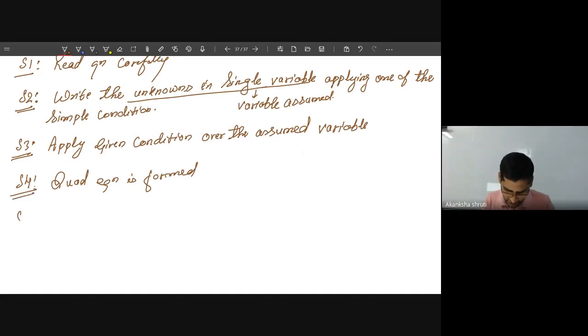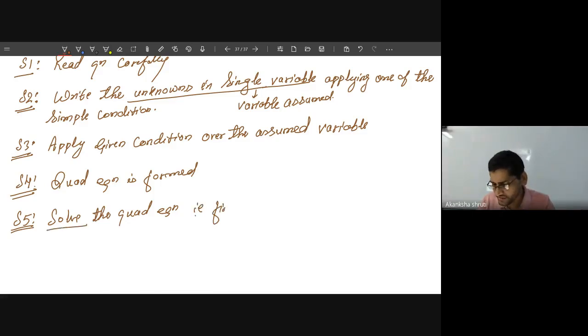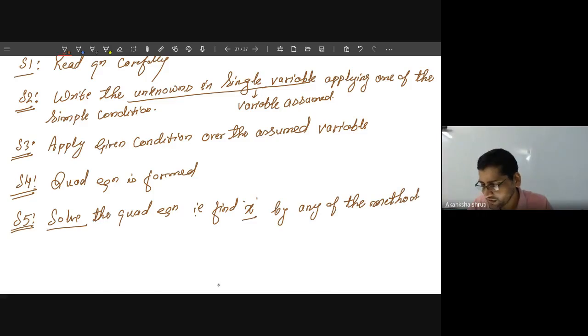Then you have to solve this quadratic equation. Solve means you have to find the unknown x by any of the methods we have already learned, maybe the factorization method, maybe the quadratic formula method, or even by completing the square.